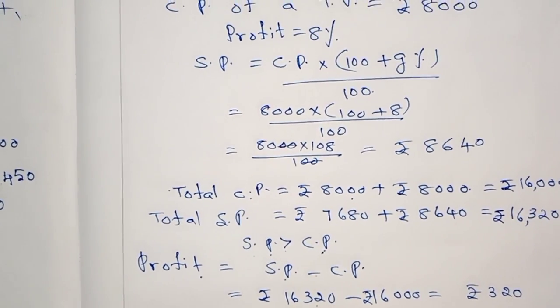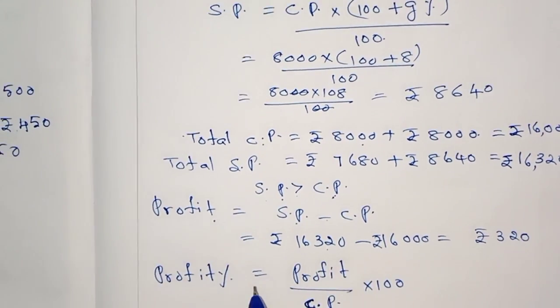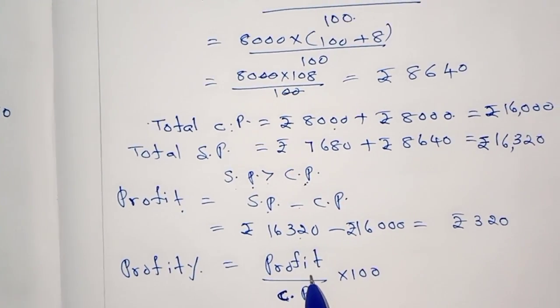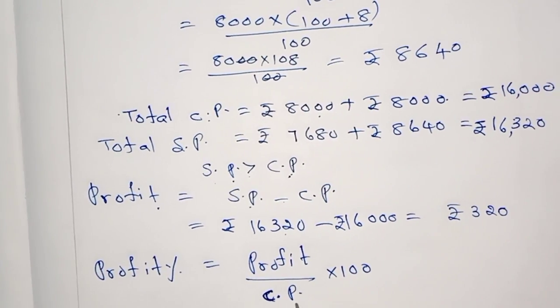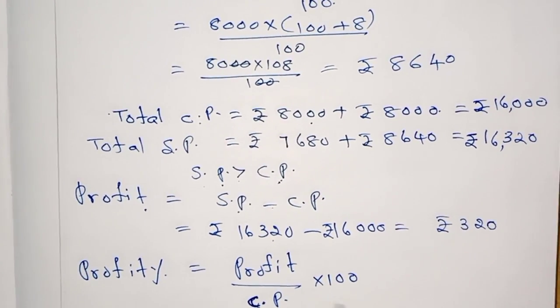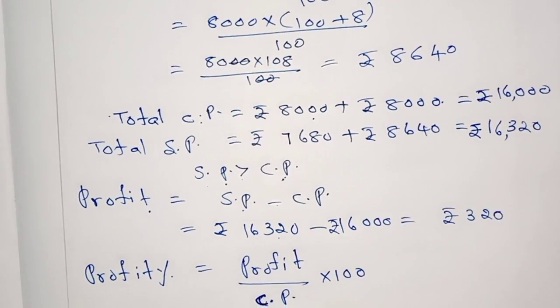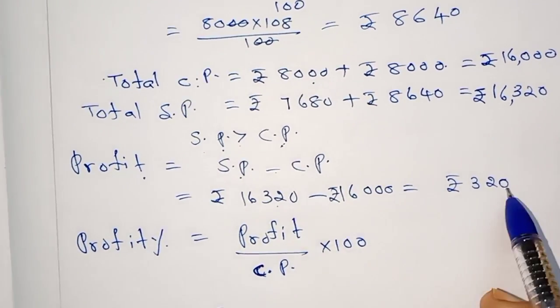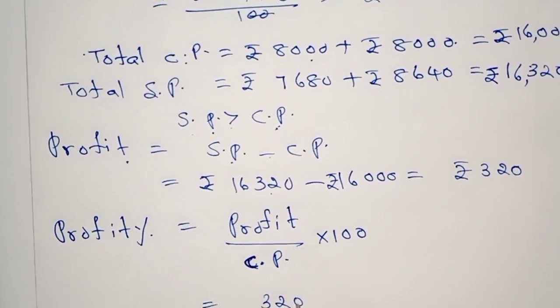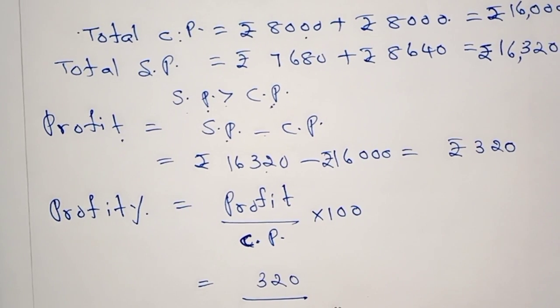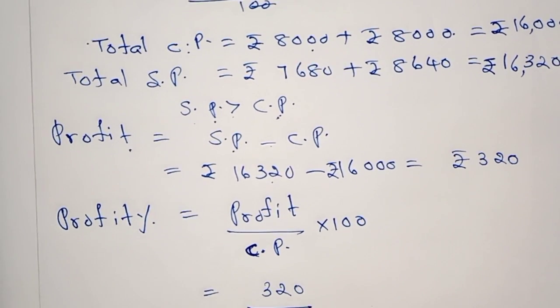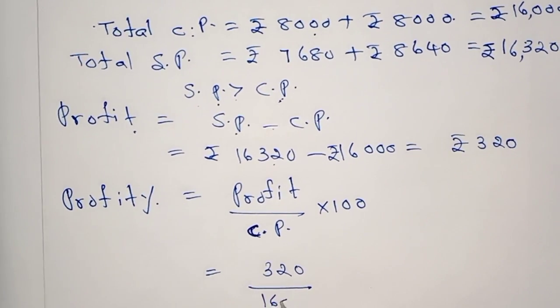Now what we have to find out? We have to find out the profit percent. What is the profit percent formula? Profit by CP into 100. What is meant by CP? Cost price. So this is a direct application of the formula. So what is profit? 320. Now what we have to write? We have to write the cost price. So what is the cost price? 16,000.